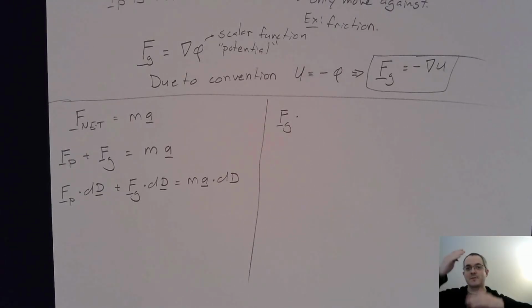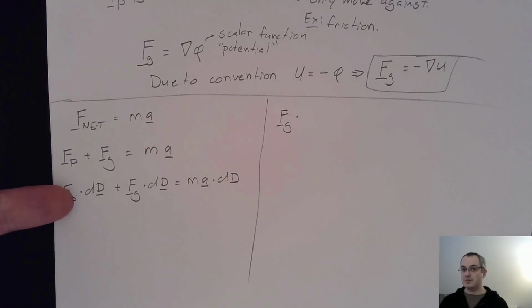You'll notice I didn't say we're restricting ourselves to one axis here. And so that means we can't really evaluate the dot product in the same way we did before, because we don't know what that angle is going to be, because we want this to apply to any situation. So without knowing which direction those two vectors are going to be pointing, this is as good as we can do until we get to the step of integrating it, where we recognize that that's the definition of work.